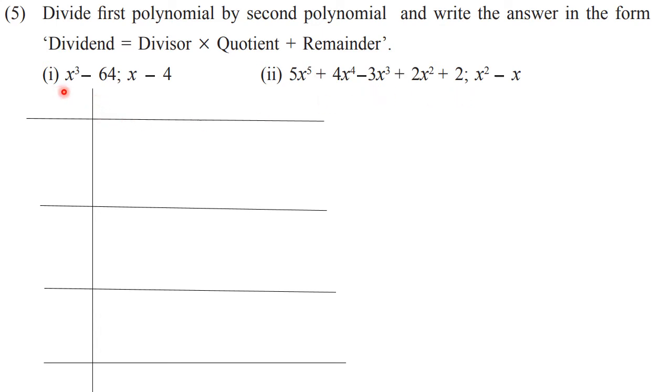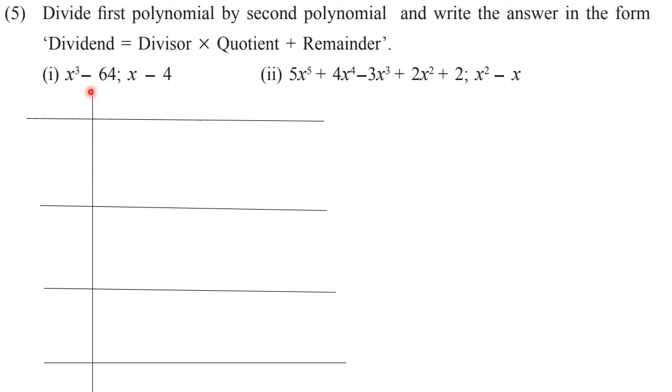Okay, so the first polynomial we are dividing by the second one. So the first polynomial is our dividend, that we are going to write inside this box. This is how generally we do the division of polynomials. Lines are already drawn here by me. The dividend we have to write down inside, but while writing we have to write it with missing terms.